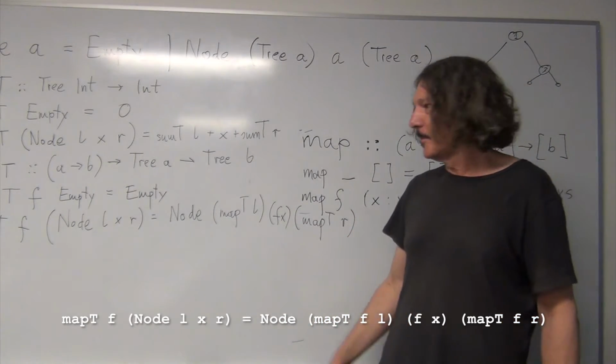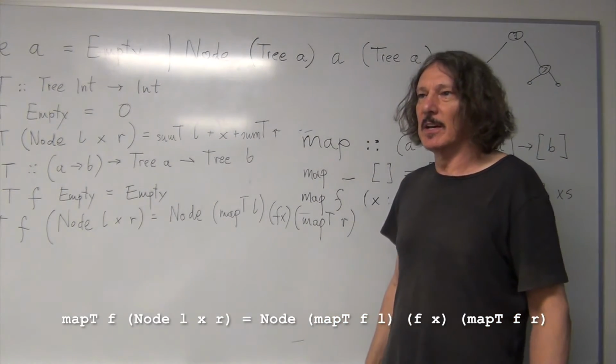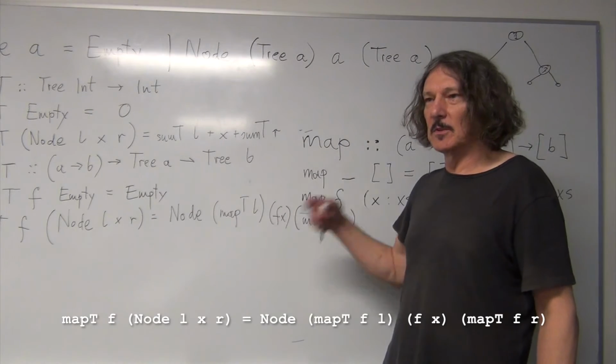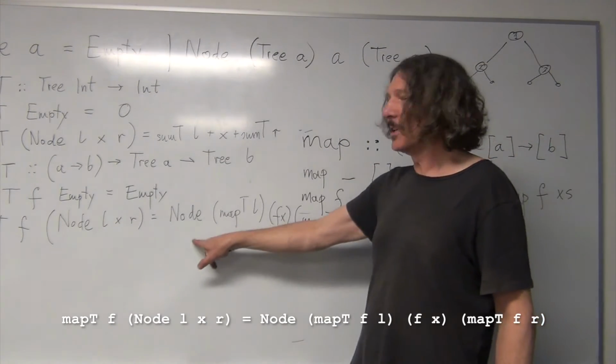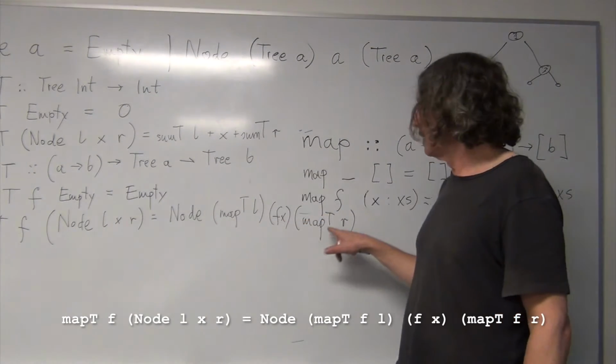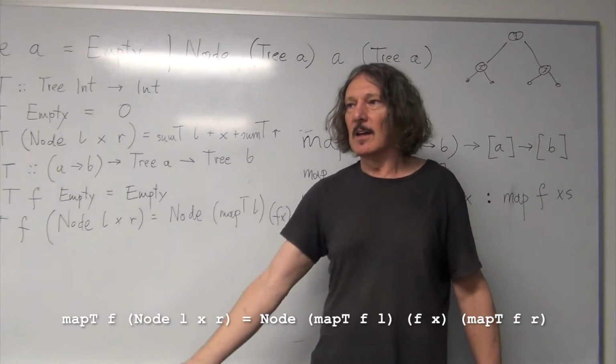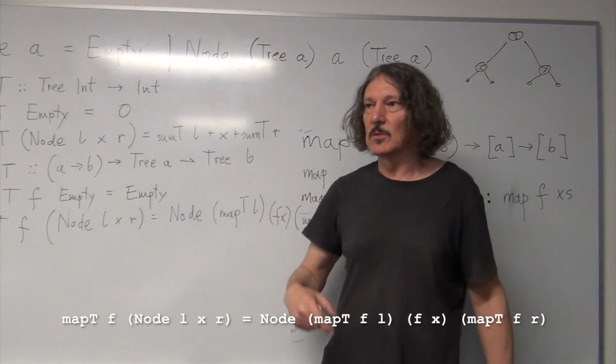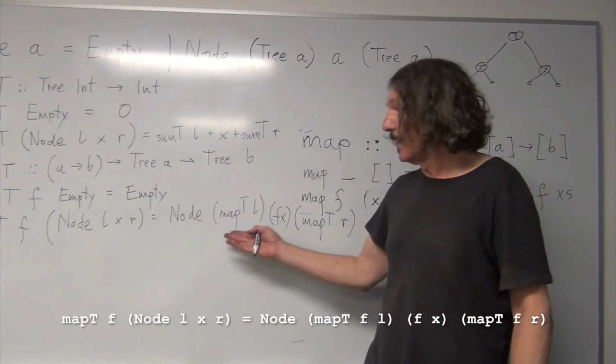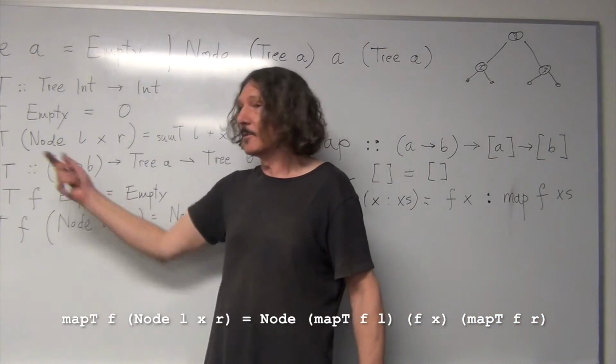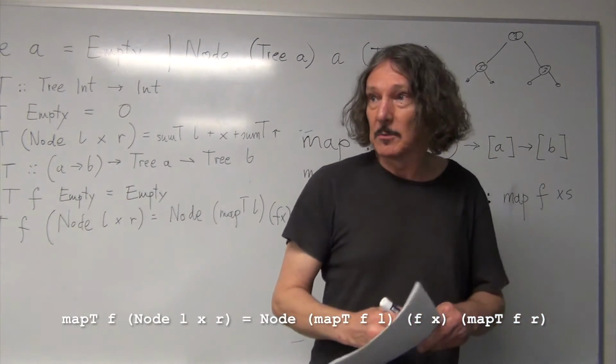This is a really obvious thing to do, right? You apply the function to the value in the node, and you recursively go into left and right subtrees and apply the function to the subtrees. And applying the function to subtrees means calling recursively the function that we are just defining.